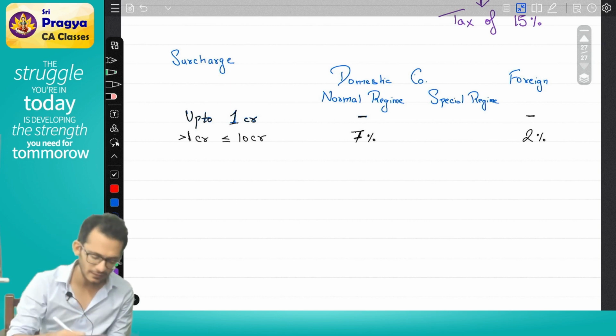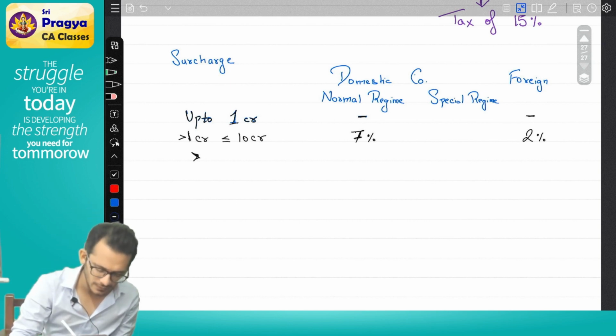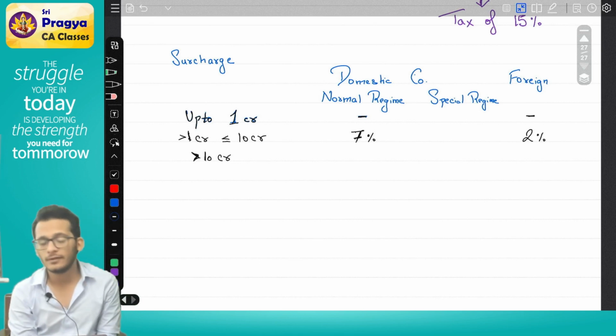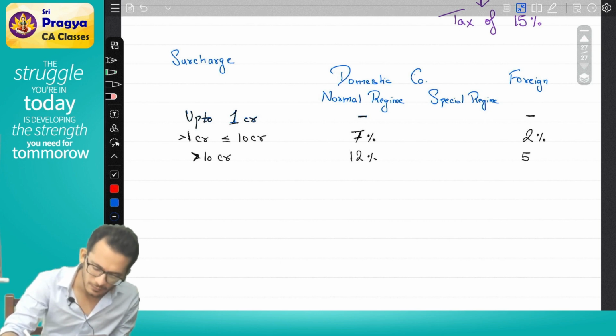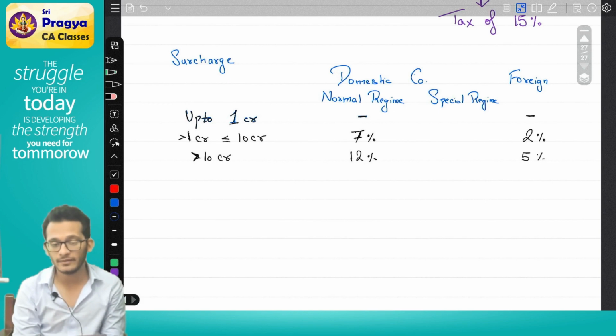After that, above 10 crores, domestic company they levy 12% surcharge and foreign company 5% surcharge.